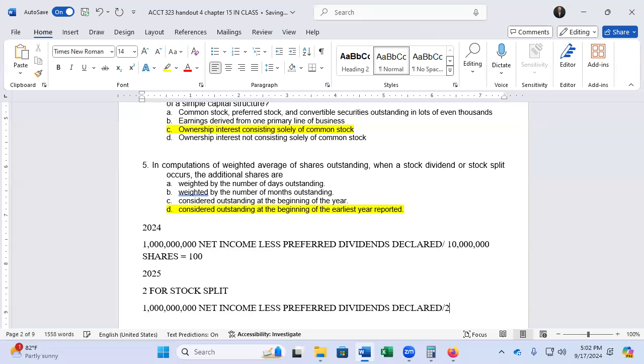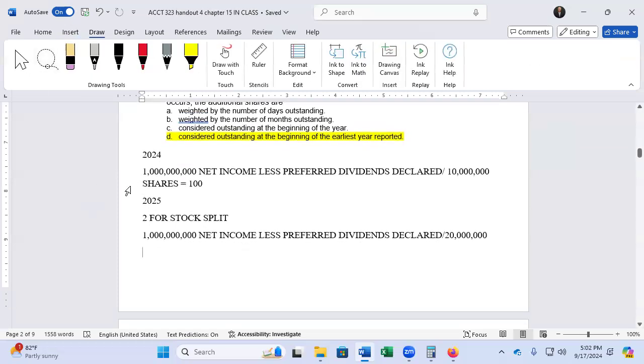Now all of a sudden we have 20,000 or 20 million. And so this should drop to $50. So you want to make sure that it's presentable. So if you have to do it, you have to do the earliest year report.